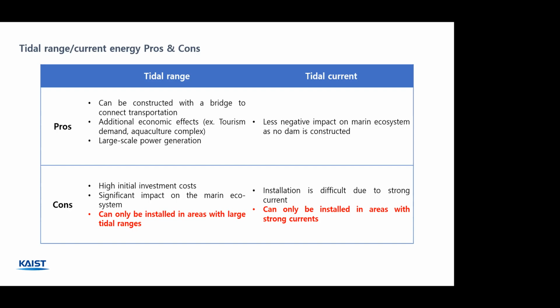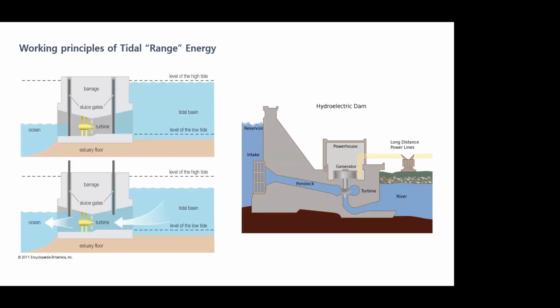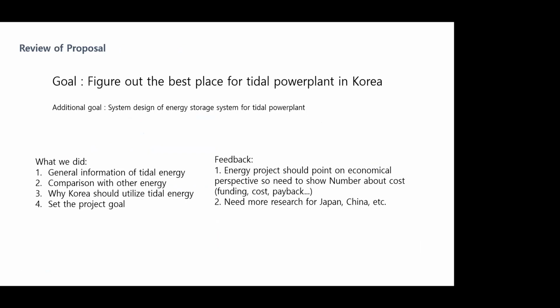I have one comment. The main goal of your project is to figure out the best place for the tidal power plant, as we mentioned in the first part. So I think it is kind of an optimization. It would be better to clarify your objective function.